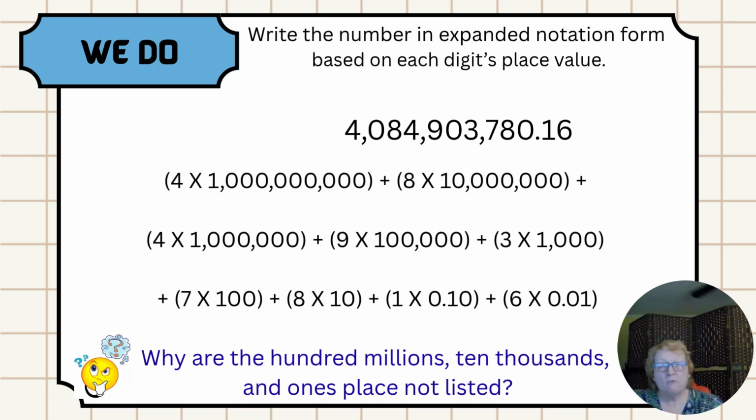And when you write this down, this is what you are going to have as your answer. 4 times 1 billion, plus 8 times 10 million, plus 4 times 1 million, plus 9 times 100,000, plus 3 times 1,000, plus 7 times 100, plus 8 times 10, plus 1 times 1/10, plus 6 times 1/100.